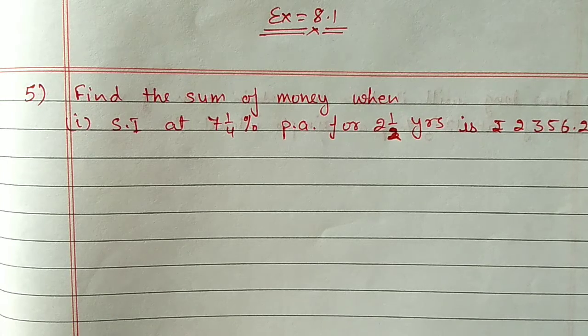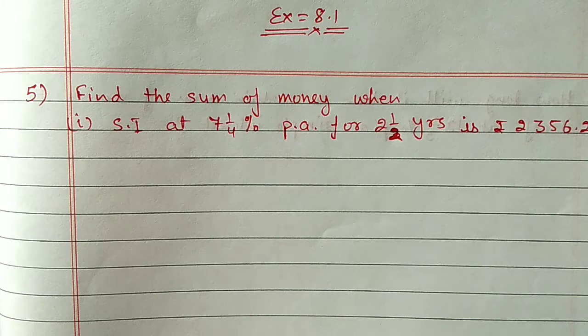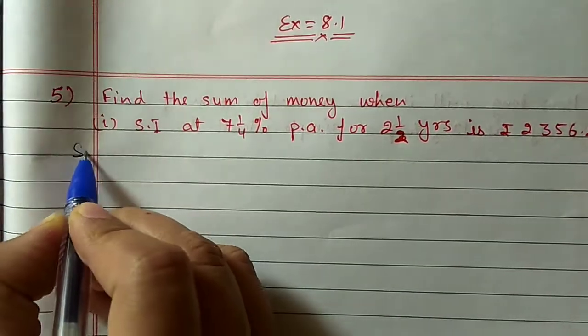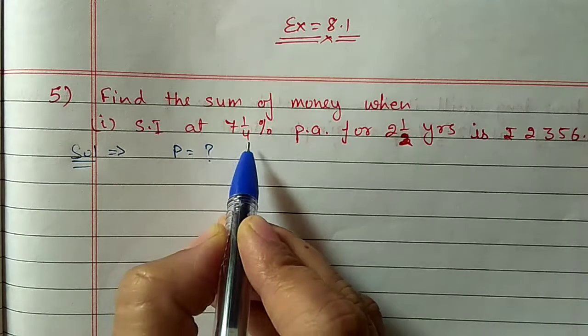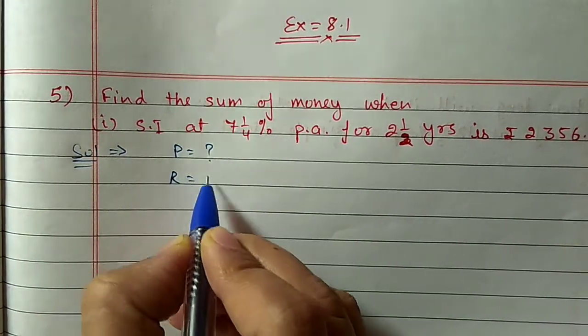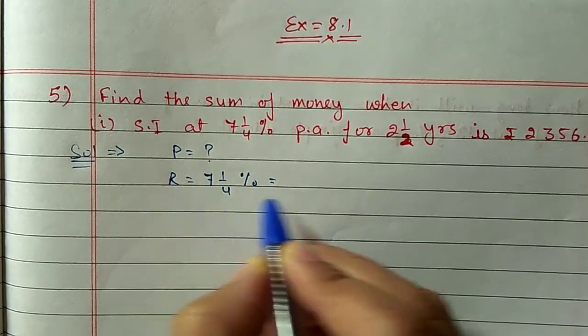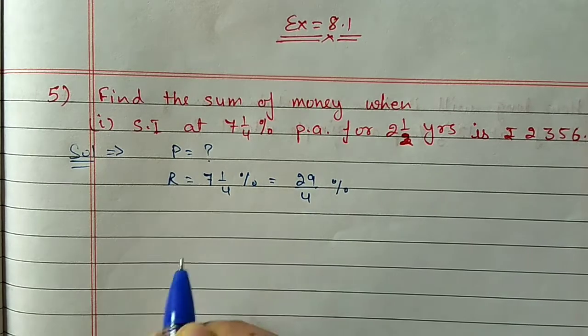Find the sum of money when simple interest at 7 whole number 1/4% per annum for 2.5 years is 2356 rupees 25 paise. So find the sum of money means we have to find out the principal money here. So P we have to find out. Rate of interest is given 7 whole number 1/4%, which we can write as 29/4%.